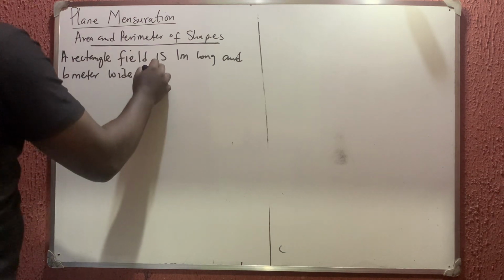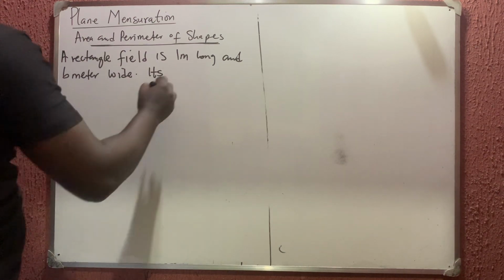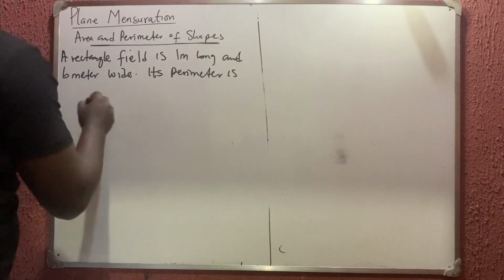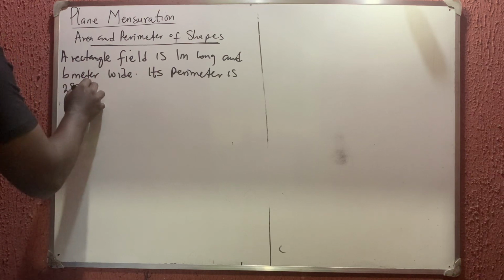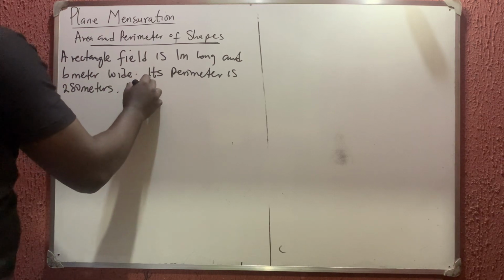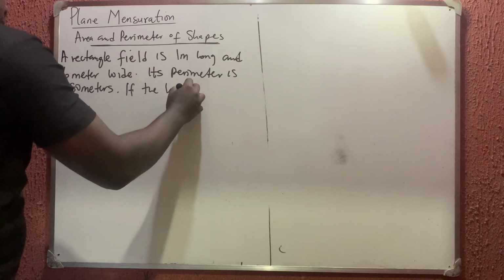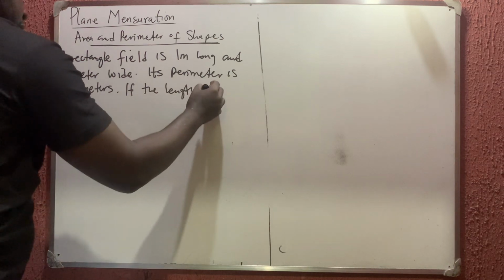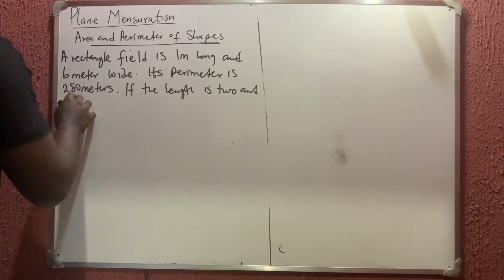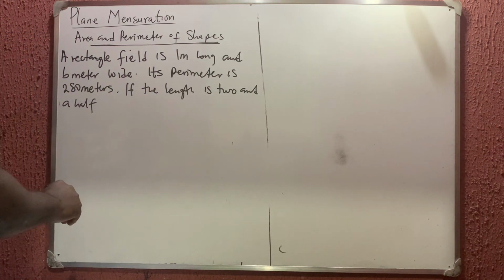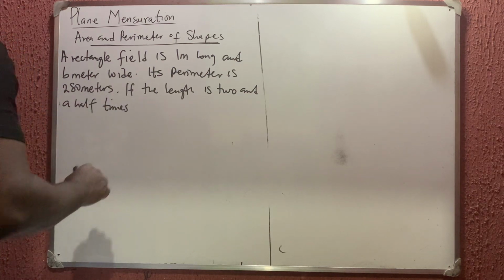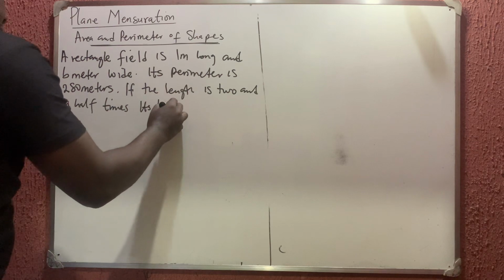Okay, then I say that its perimeter is 280 meters. Then I say if the length is 2.5 times its breadth.